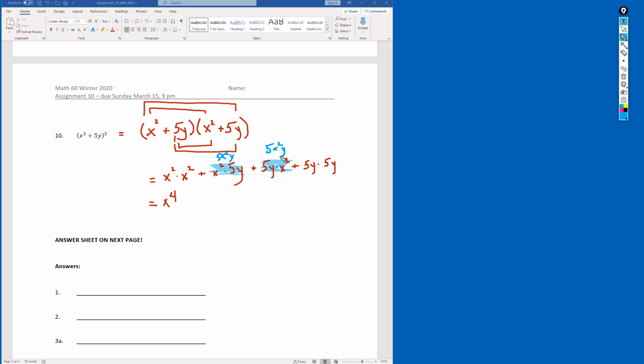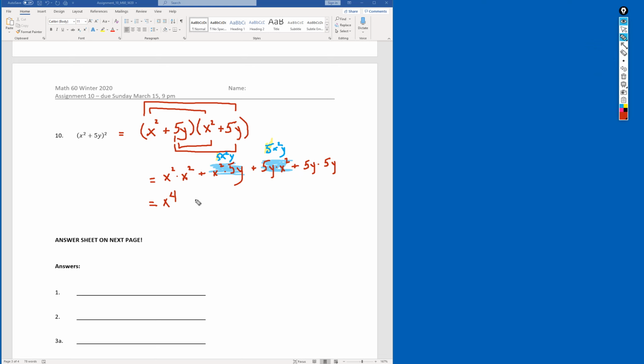So again, just combine the coefficients. We've got 5 of them, and we're adding another 5 of them, which means that we're going to have 10 of them.